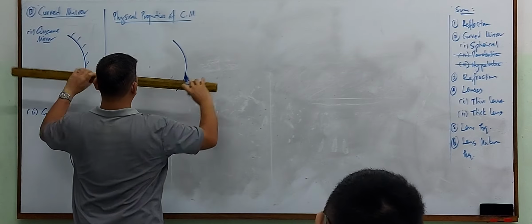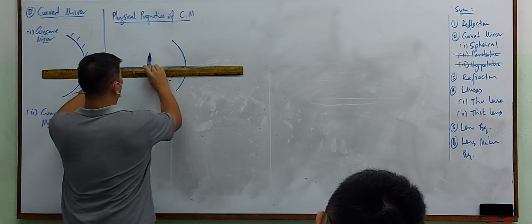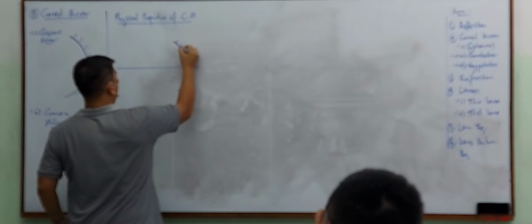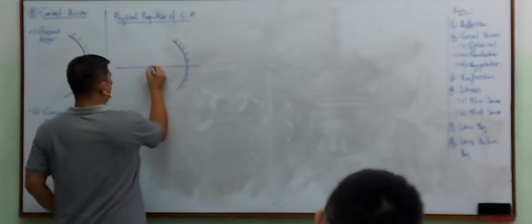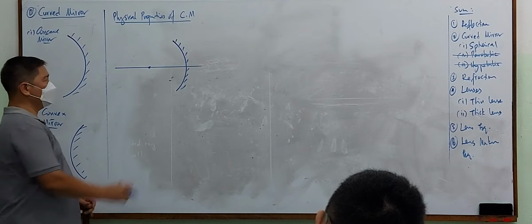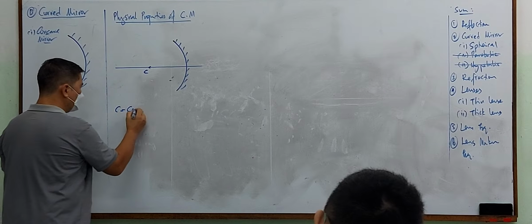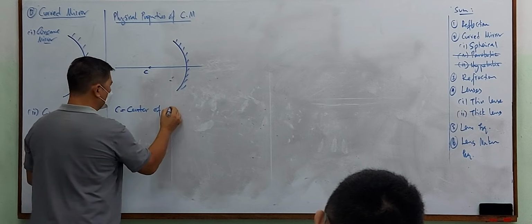When we draw light ray passing through them, there are a few things that we must know the name of. Now, this one is a concave. Okay? Now, the point I use to draw the surface of the mirror, this one is called the C point. C is called the center of curvature.